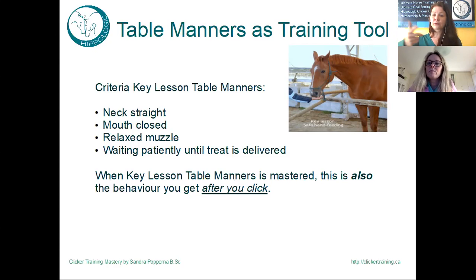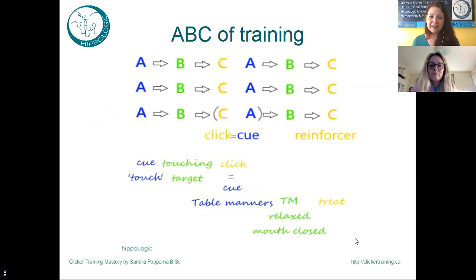Even if she comes toward me, I still want her to be relaxed and not grabby and stuff like that. So when key lesson table manners is mastered, it's also the behavior that's mastered after the click. And the more you become aware of that, the better you can use it. So again, this was what we showed in the beginning.